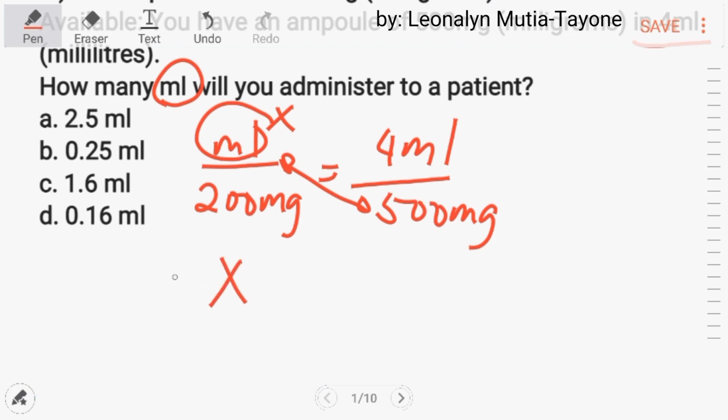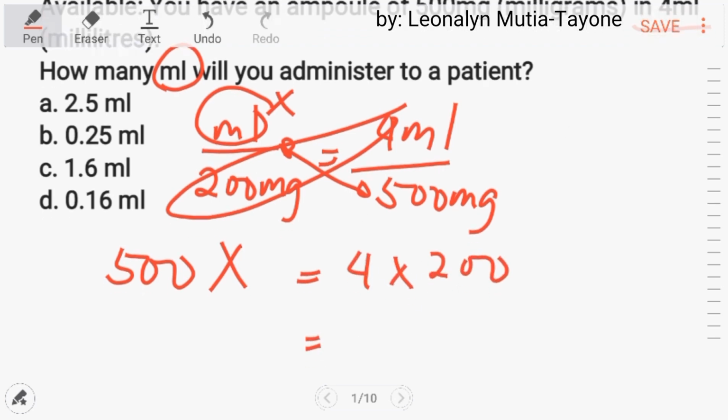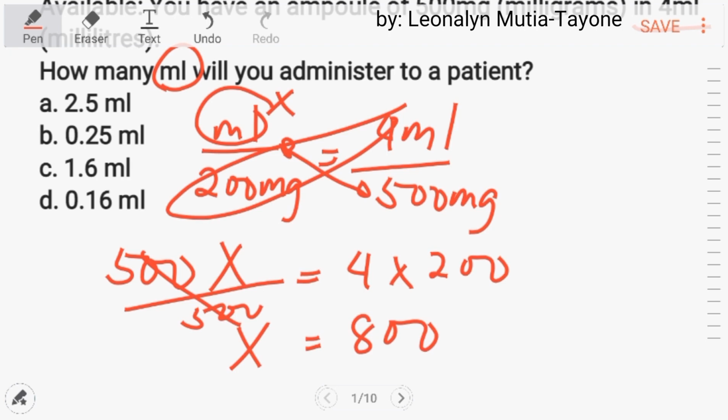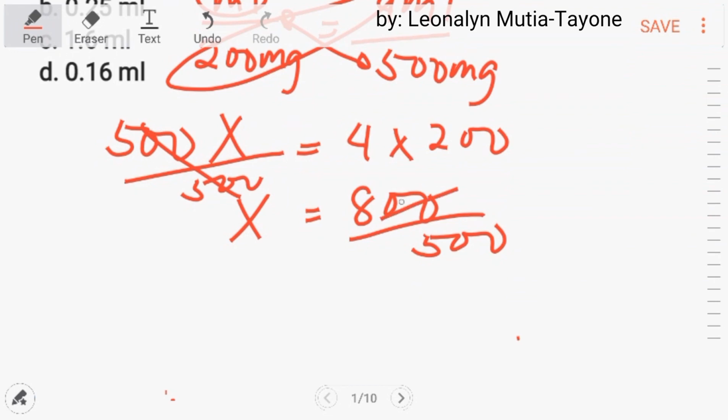So x times 500 equals 4 times 200, and that is 800. To isolate x in this side, we have to divide both sides by 500. So we cancel out 500 here, leaving x, and then 800 divided by 500. For easy calculation, just cancel 2 zeros, and then we have 8 divided by 5, and that is 1.6 ml.